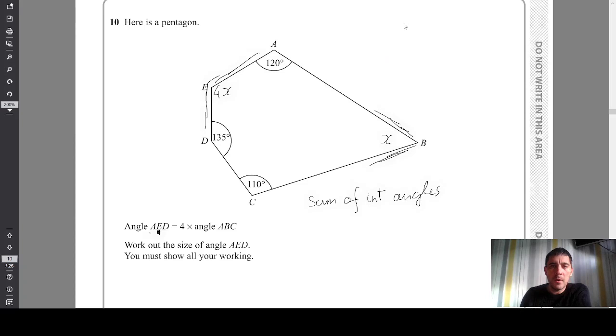So for example, if I draw a pentagon, which of course is not perfect, we need to understand that it is made out of 3 triangles. So every pentagon can be split into 3 triangles, the angles of each of which sum to 180 degrees.